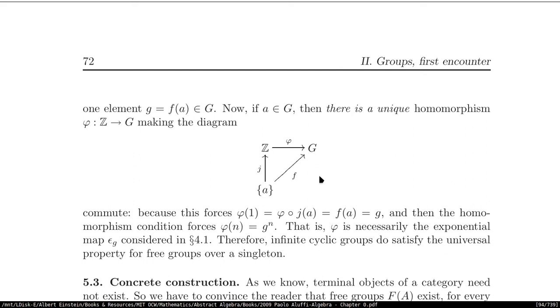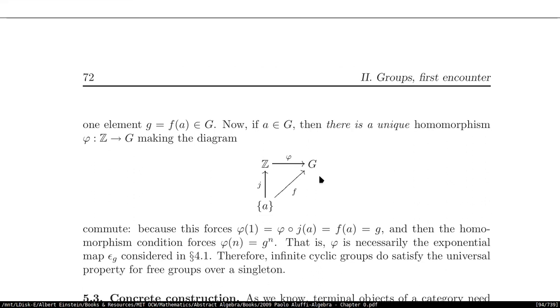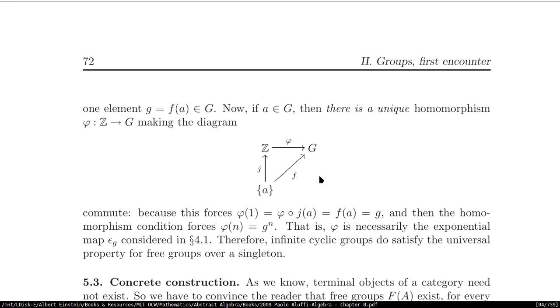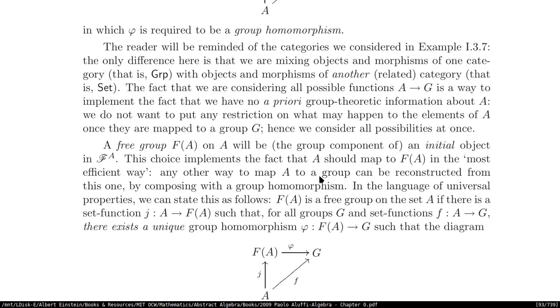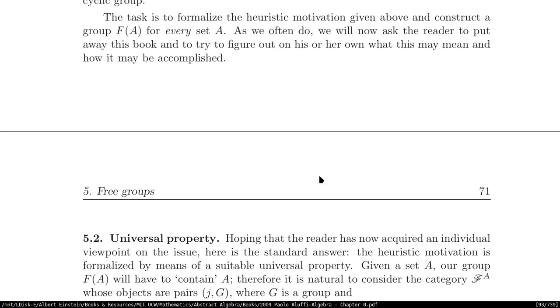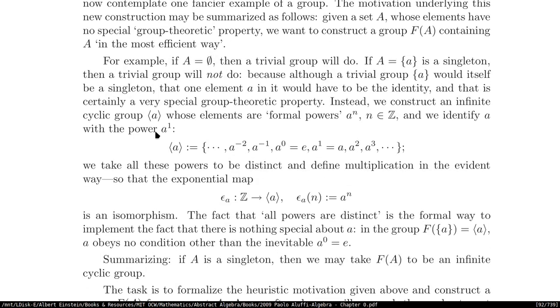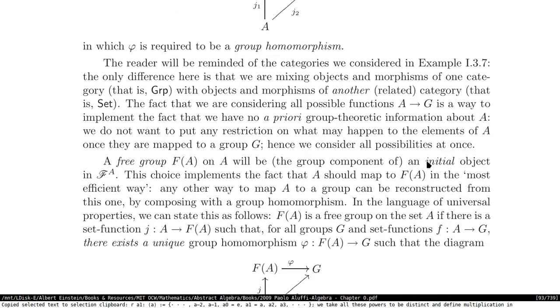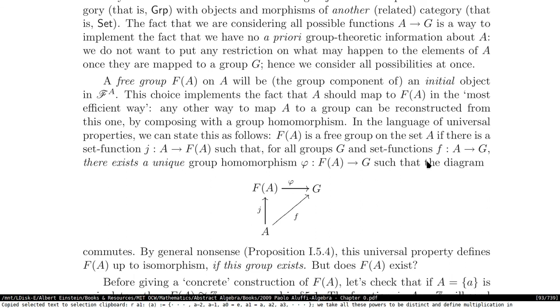And phi, as you've seen before, is the exponential map, except it is a lot more general. So these infinite cyclic groups do satisfy the universal property for free groups over a singleton. So what we did is just prove that this cyclic group that we earlier defined is indeed a free group for the singleton with respect to the universal property that we saw.